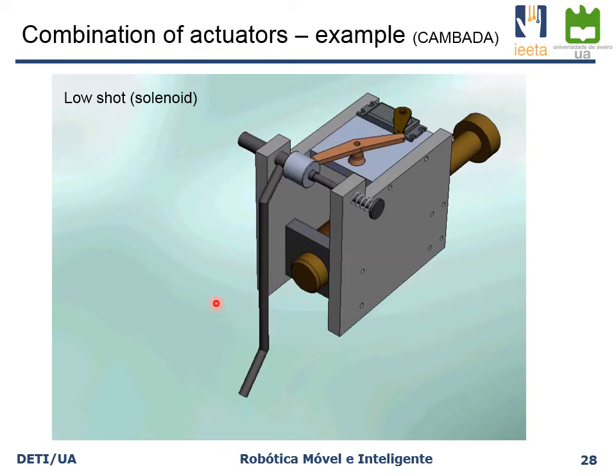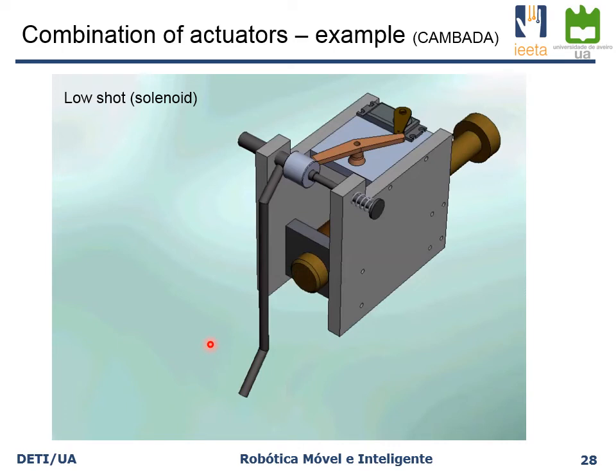Finally, with the setup in this position, if we apply a current to the solenoid, the plunger again will move forward, but now it won't touch this part. It will touch the ball directly, almost at the actuator level. And in this situation, instead of a lob shot, it will produce a kick that moves the ball on the floor.